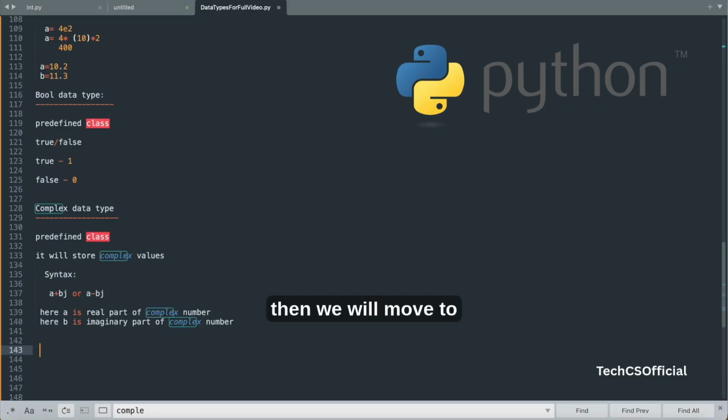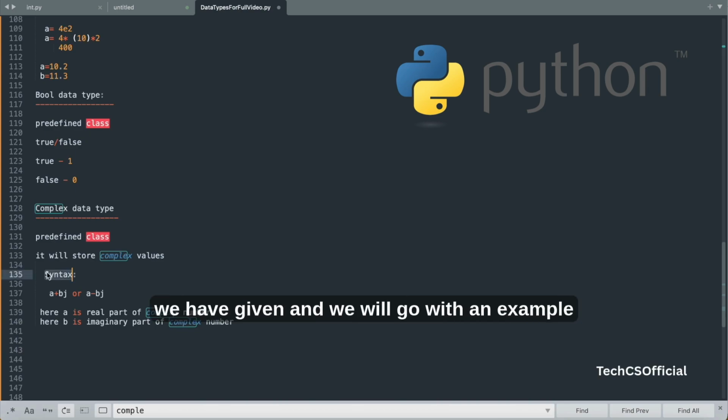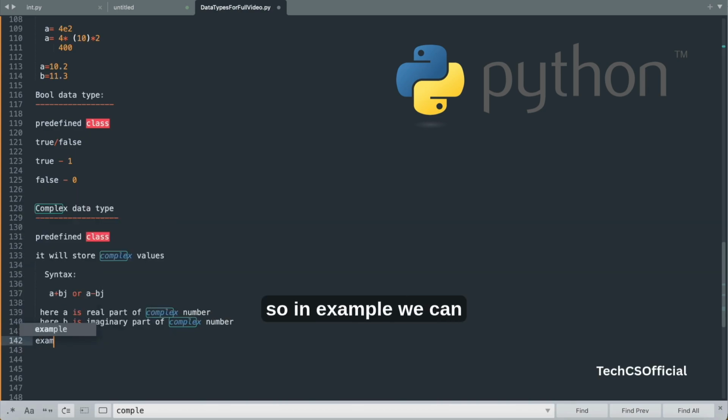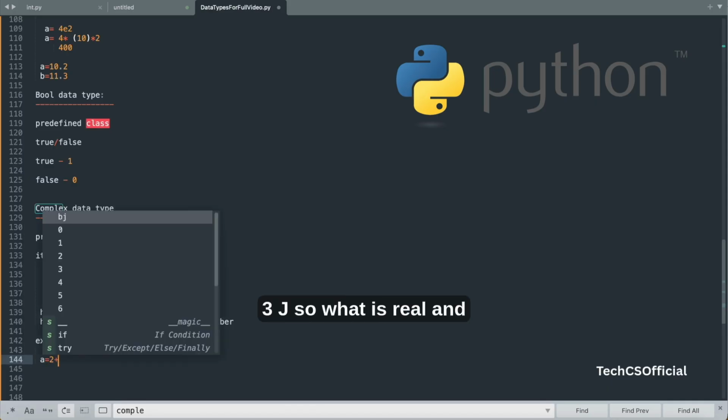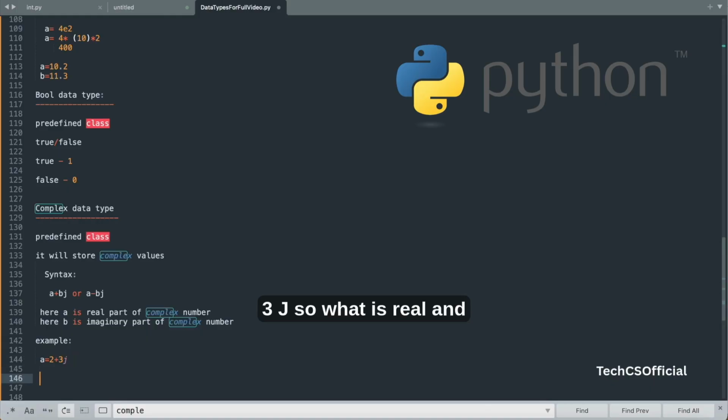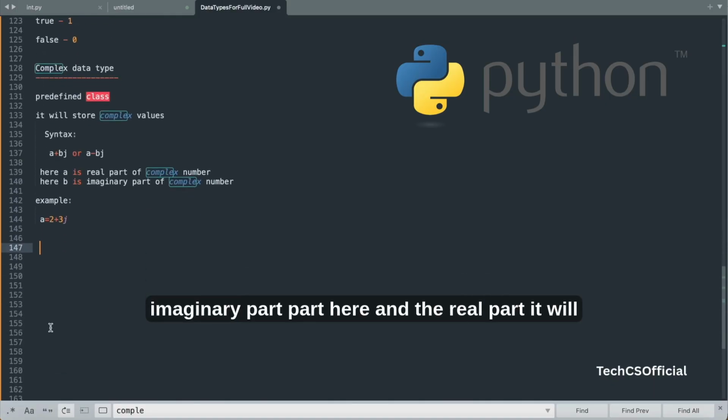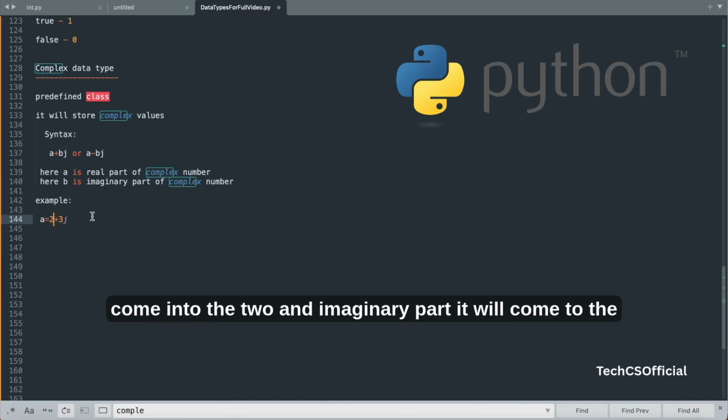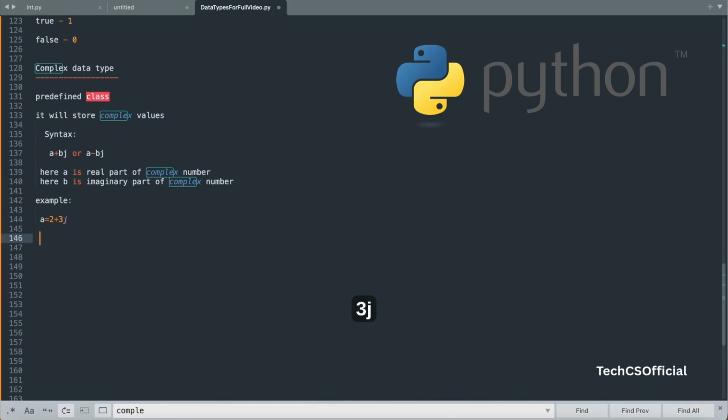Then we will move to object. So for the syntax we have given examples, and we will go with the example. In the example we can say a is equal to 2 plus 3j. So what is the real and imaginary part here? The real part is 2 and the imaginary part is 3j.